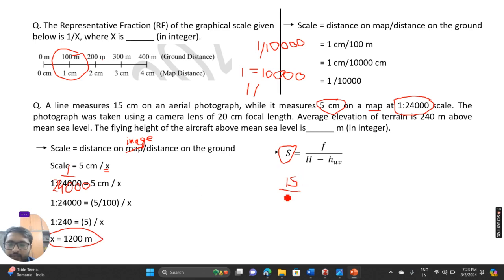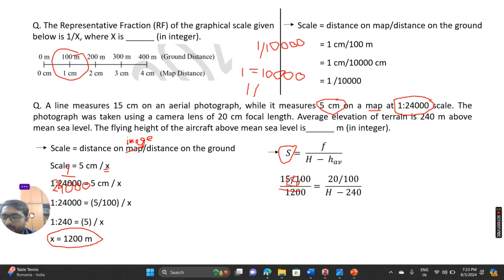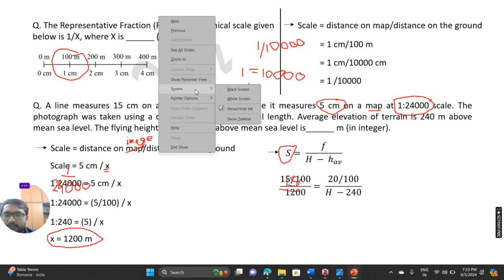So now we will use that to find out the scale. So here we have 15 divided by 100 divided by 1200. Let me rub the screen.